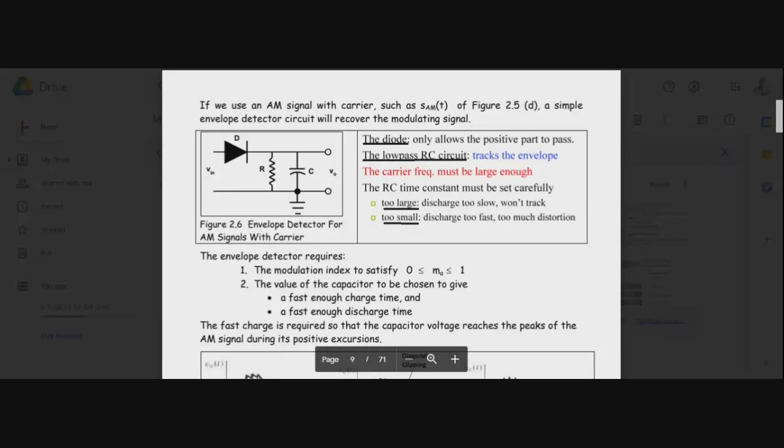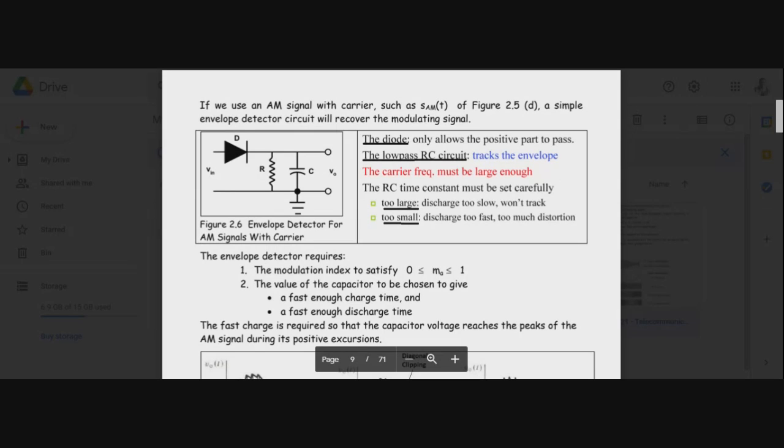during the positive excursion. And at that time, the capacitor gets charged. Hopefully, if the values are chosen properly, the capacitor will be charged to the value of the incoming voltage.